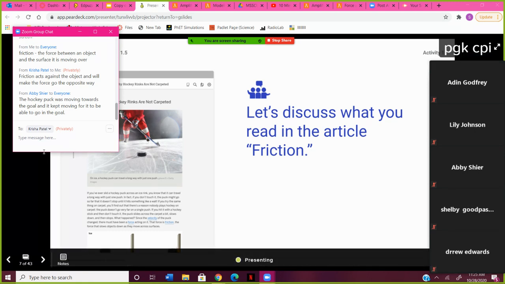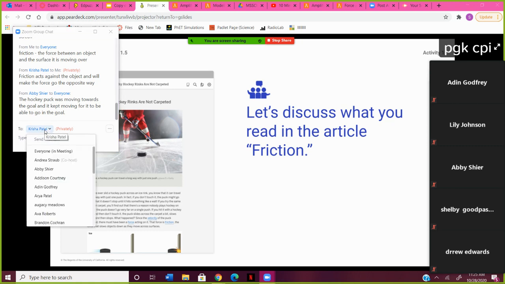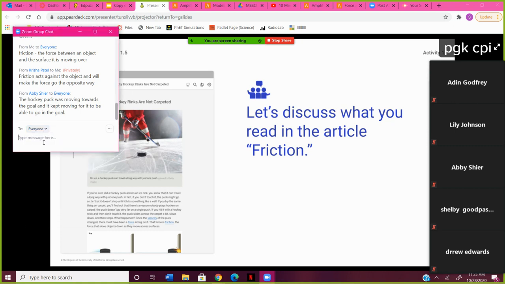Abby said the hockey puck was moving towards the goal and it kept moving to be able to be in the goal. Abby, have you never watched a hockey game? It's pretty cool. If you can skate, or if you can't skate, it's neat to watch them skate on the ice. But if we're talking about the hockey puck on that ice, what can we say about that hockey puck on the ice?